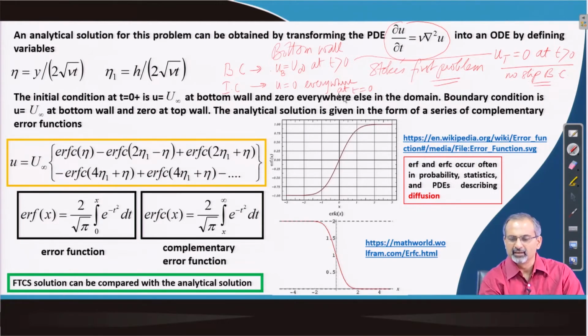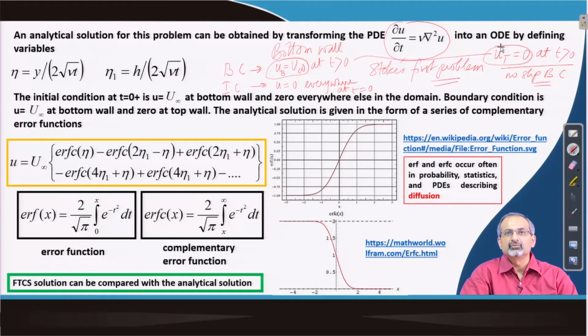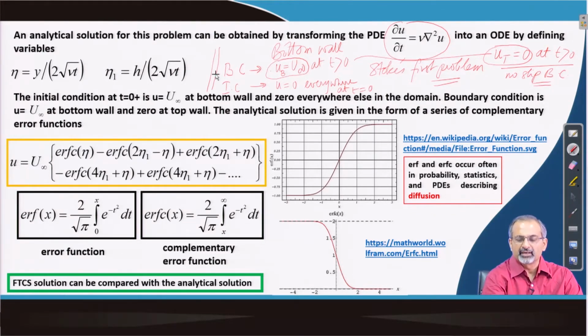So, we are imposing the condition that the bottom wall is equal to u infinity and the fluid layer adjacent to the bottom wall will move with this velocity. Similarly, the top wall will remain static and the fluid layers immediately adjacent to the top wall would remain static, they won't move at any instant of time. So, this is how the whole problem gets posed.